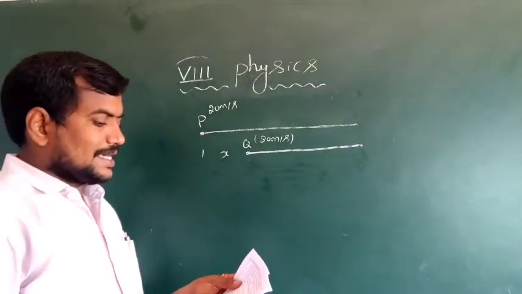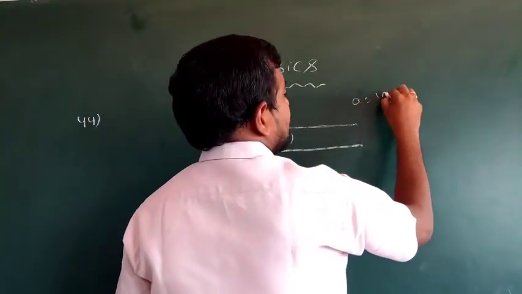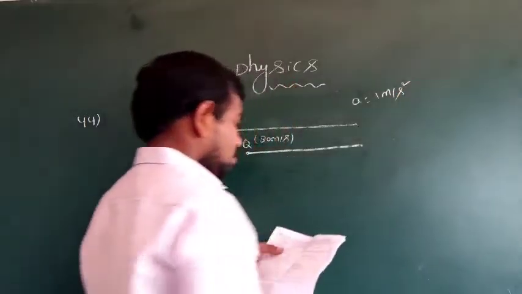So for that, he moves with an acceleration of 1 meter per second squared. For the train P, acceleration is 1 meter per second squared.